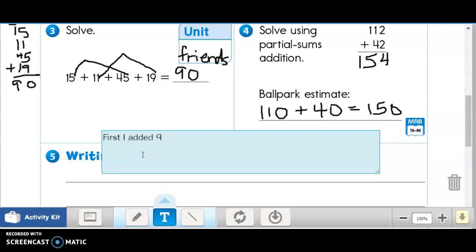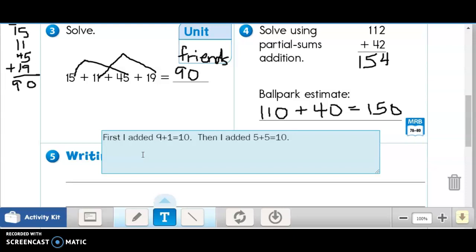I'm looking for my plus sign. There we go. Equals 10. And then I made another combination. Didn't I do 5 plus 5? That's another group of 10.